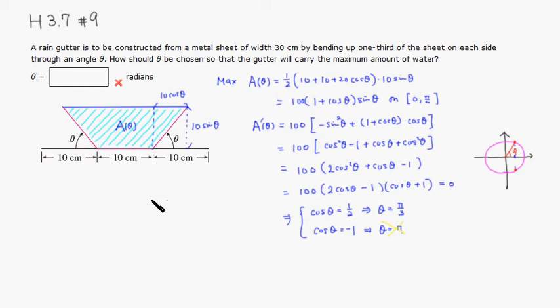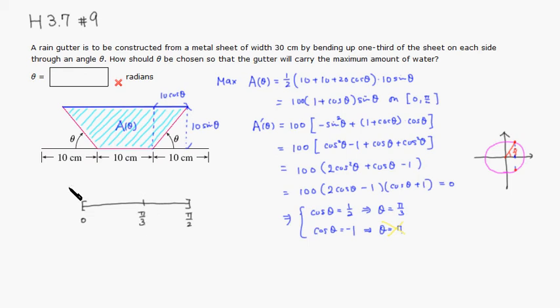So let's do the number line, from 0 to pi over 2, and the critical number is pi over 3.